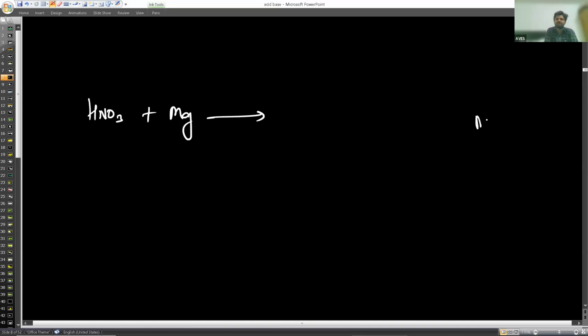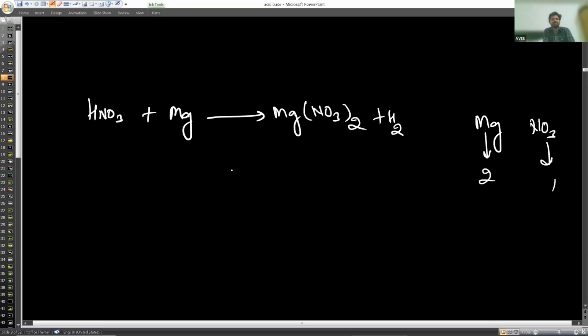You have magnesium and you have nitrate ion, NO3. So magnesium has valency 2, nitrate ion has valency 1. What should be the formula? Mg(NO3)2. Good choice. Mg(NO3)2 plus hydrogen gas. Very good. So if you have HNO3 and you are reacting it with magnesium, it will give you this one.